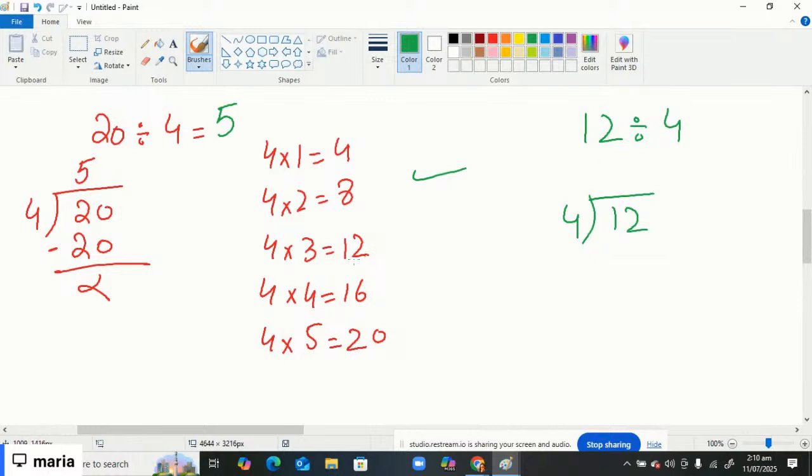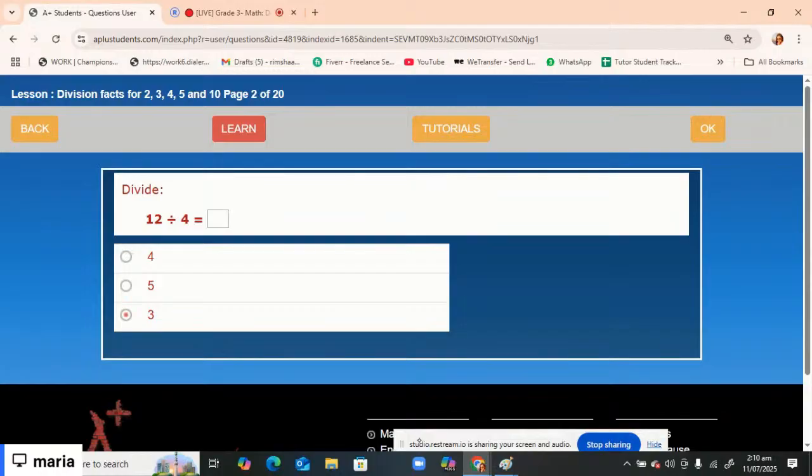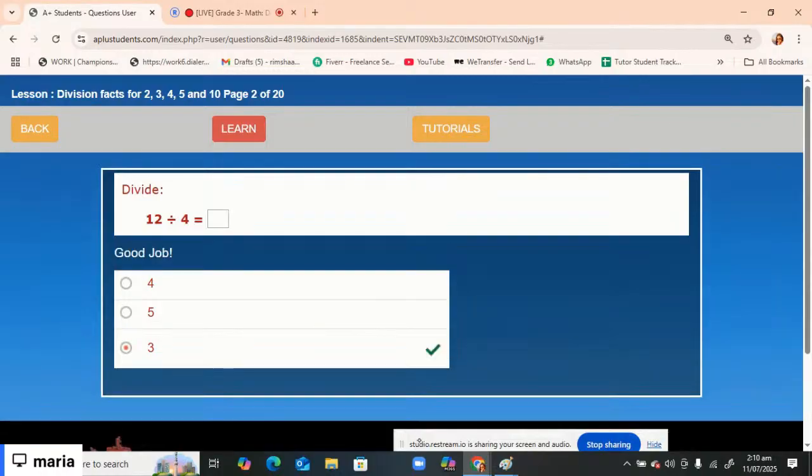So 4 times 3 is 12 and 0. So the answer is 3. Let's see, is there any answer 3? Yes, it is here. And this is the right answer.